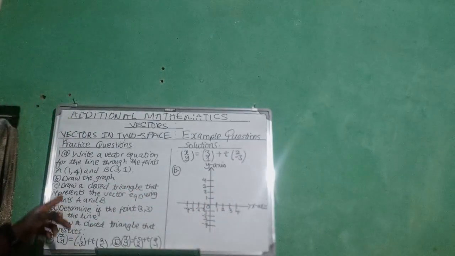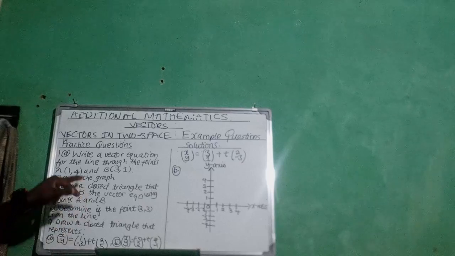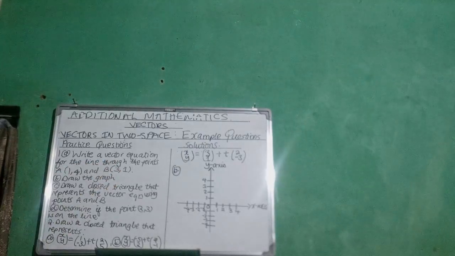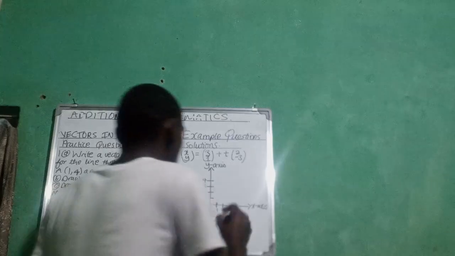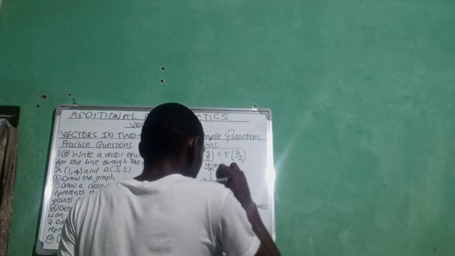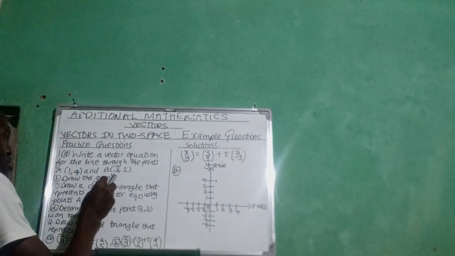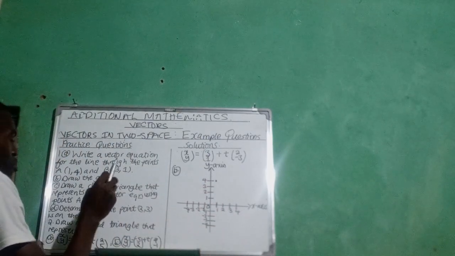Now they want us to draw the graph. They just want us to draw a line connecting point A and B. So point A is 1, 4. 1, 4 is somewhere there, like that. Then point B is 3, 1.